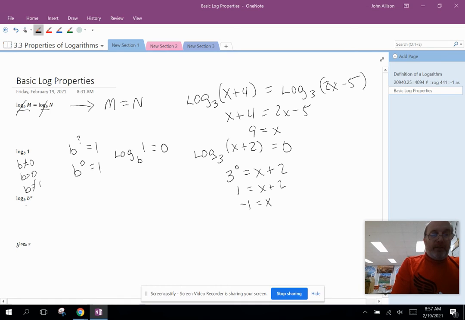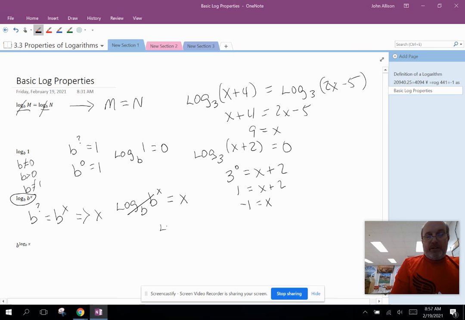Here we have log base b of b to the x power. Now, think about this. This is asking you what power of b equals b to the x power. Well, what goes in that question mark place has to be x. So anytime you have log base b of b to the x power, the log base b cancels the b as the exponential and just gives you the exponent.